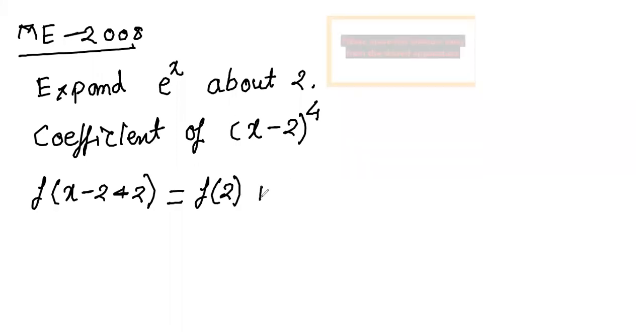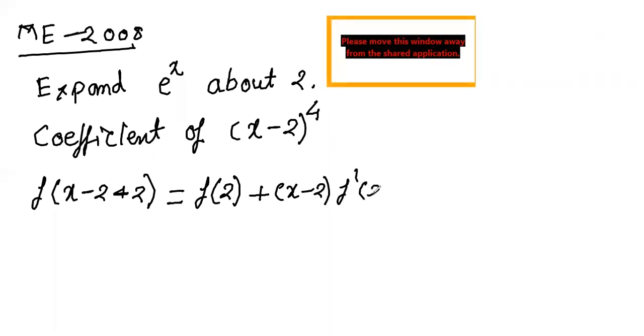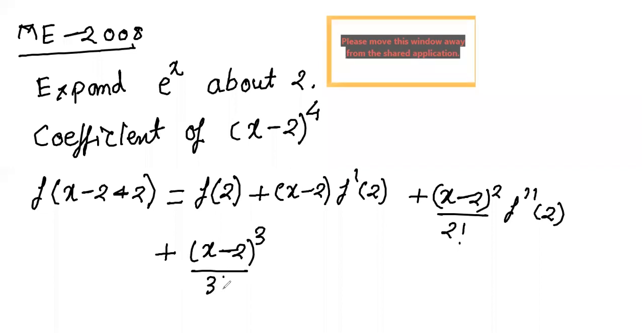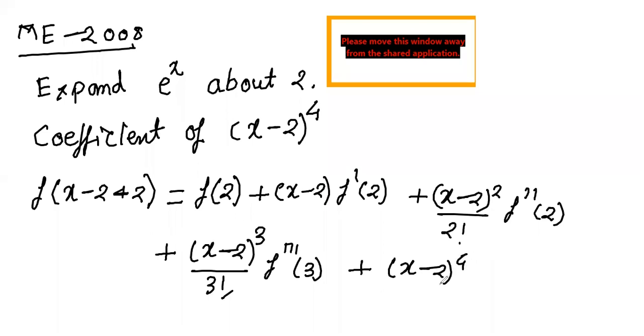So this expansion will be f of 2 plus x minus 2 f dash 2 plus x minus 2 square upon 2 factorial f double dash 2 plus x minus 2 to the power 3 upon 3 factorial f triple dash 2 plus x minus 2 to the power 4 upon 4 factorial into f 4 times differentiation.